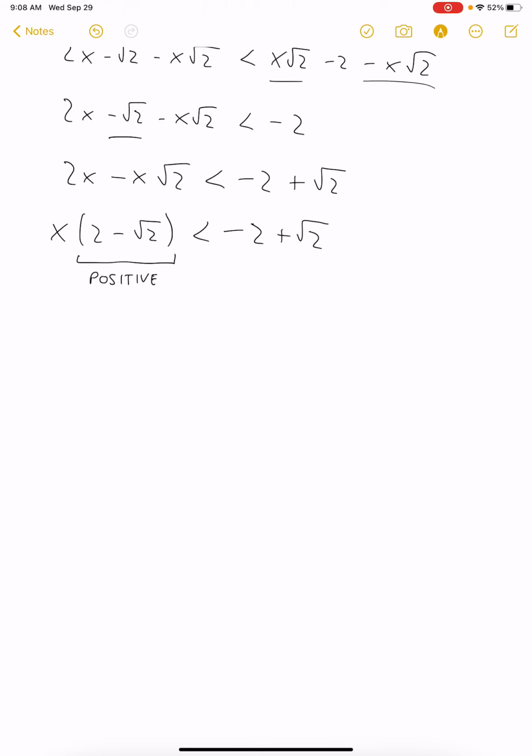so we can divide both sides of the equation by this number without flipping the sign, which means x is smaller than (minus 2 plus square root of 2) divided by (2 minus square root of 2).